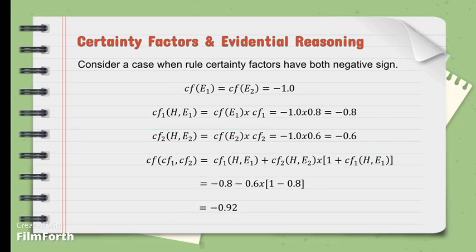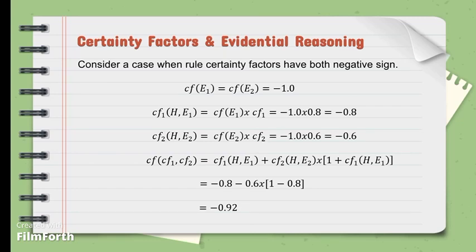Consider a case when rule certainty factors both have a negative sign. So the certainty factor of evidence sub 1 is equal to the certainty factor of evidence sub 2, which is negative 1.0.